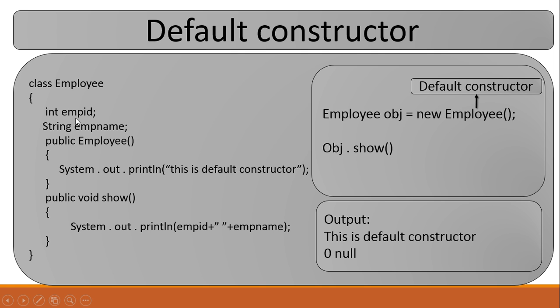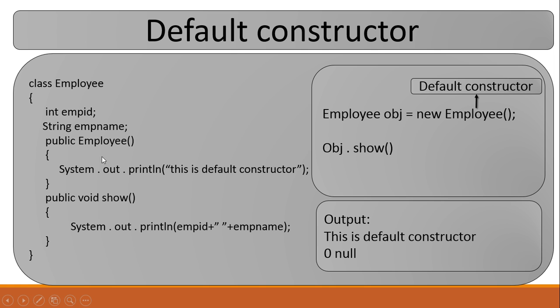The employee id is an integer value, so the default constructor initializes the value 0 to the employee id, and the emp name is a string, so the default constructor automatically initializes the null value. So the emp id prints 0 and the emp name prints null.